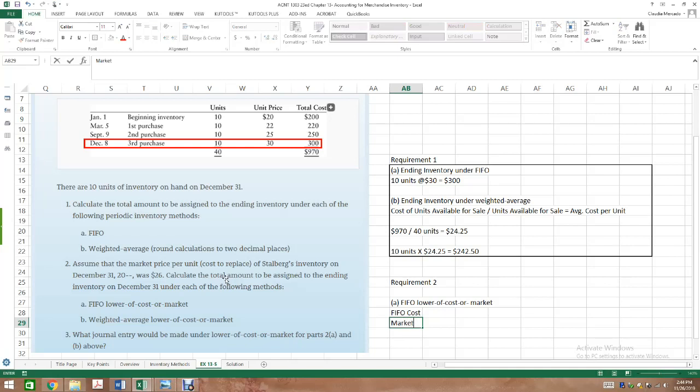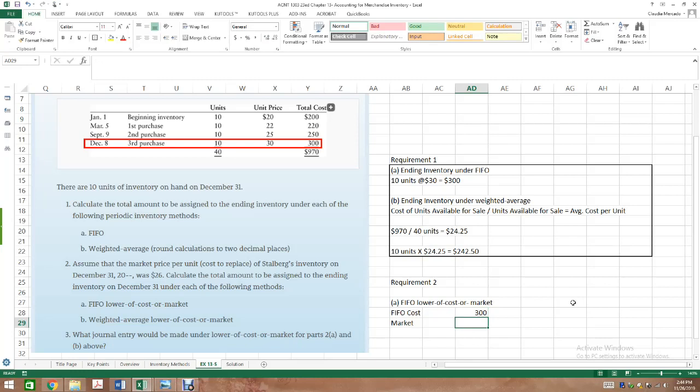Okay, so my FIFO cost is going to be what I calculated up here. My ending inventory for that inventory that I have is 10 units at $30. That's $300. So that's my cost right now. That is how much my inventory is worth under my merchandise inventory account.